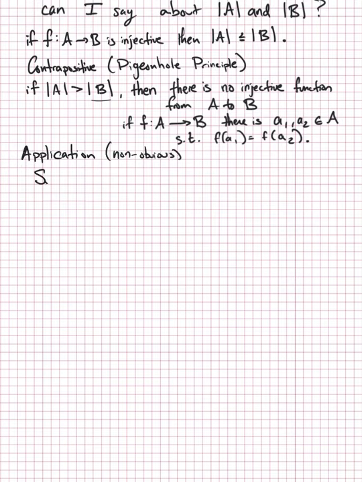I would like to say it's not very realistic in these times, but who knows if that's the case. So suppose there is a party with n people, where n is some natural number. You can think of 100 if you want.